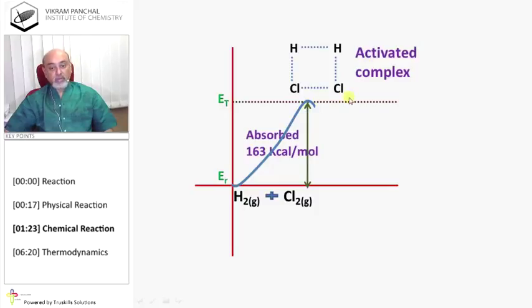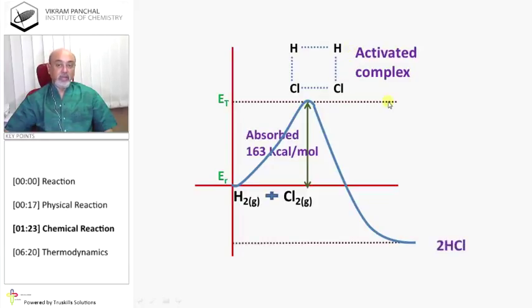Now, if hydrogen collides with chlorine, then again attraction takes place, energy is released, and energy released during this type of collision is 206 kilocalorie, because bond energy of HCl is 103. Therefore here we can say that energy released is greater than energy absorbed, and therefore overall at the end of reaction energy is released, and therefore this reaction is known as exothermic reaction.